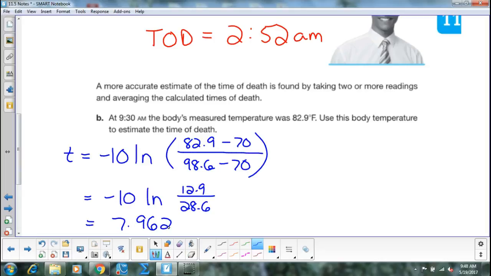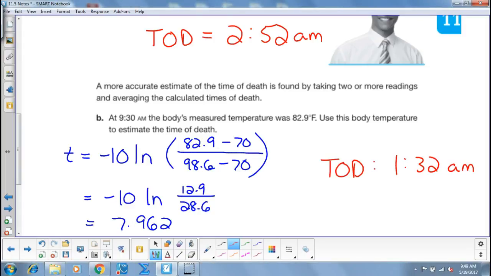So this TOD here would be, so that's 8 with 2 back, so that would be 1:32 a.m. Yes? Okay.